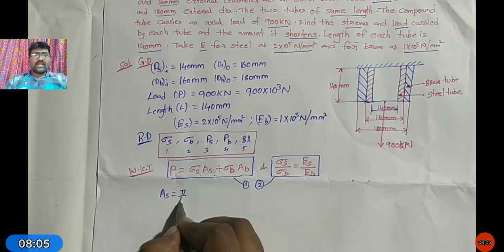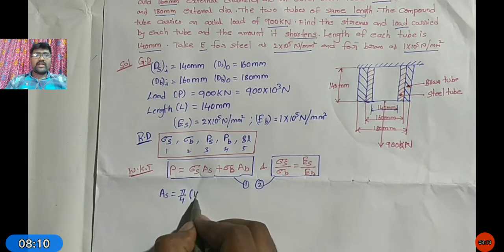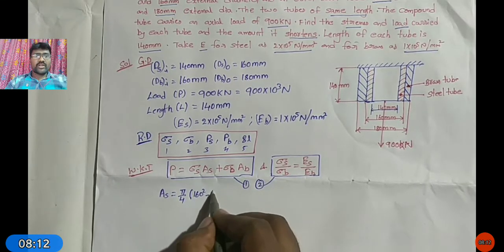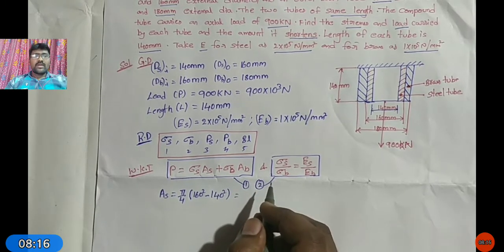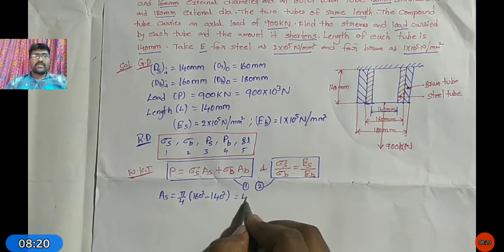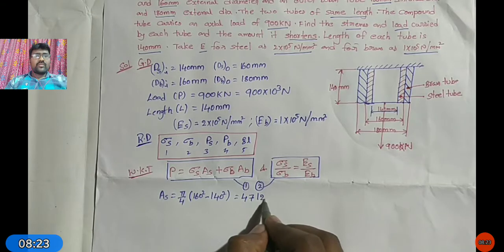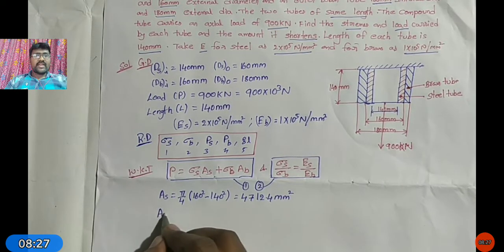First we need to calculate area of steel tube, that is pi by 4 d naught square minus dA square, where d naught is 160 mm and dA is 140 mm. By simplifying this equation, we will get area of steel tube is 4712.4 millimeter square.